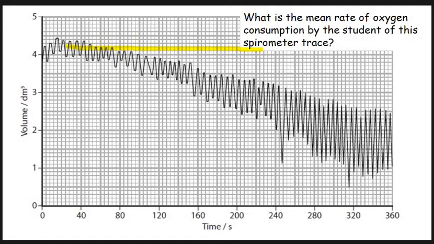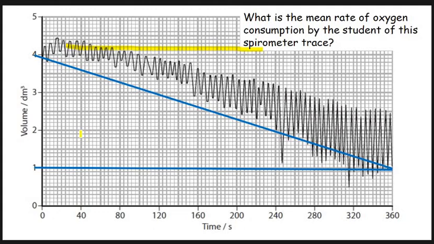So there are my lines, starting there, bringing it all the way down, hitting as best I can. I maybe could have lifted it up a bit. And then we're going across to the bottom. That's where we end. So we're looking at the difference from here to here. Well, 4 take away 1 is 3. So there's a volume there of 3 decimetres cubed. That's the oxygen consumed, in the time taken.